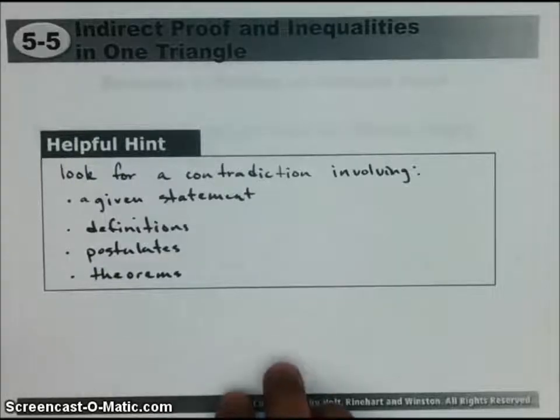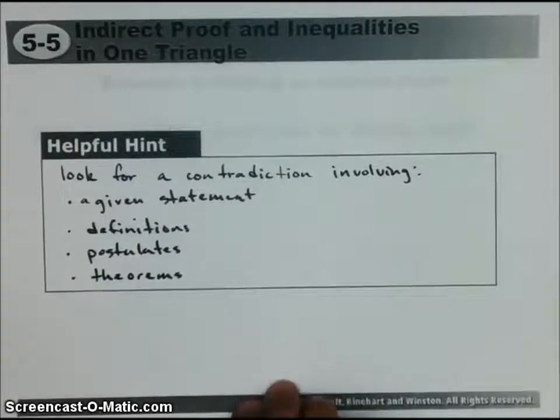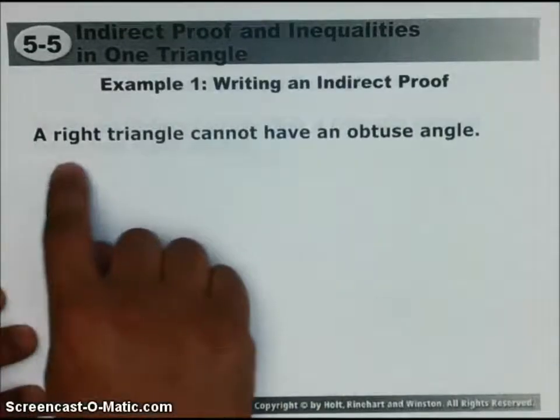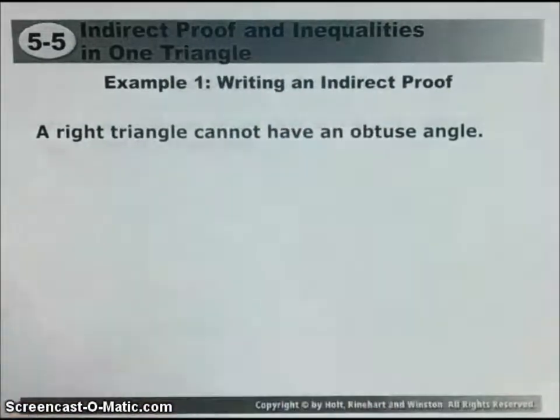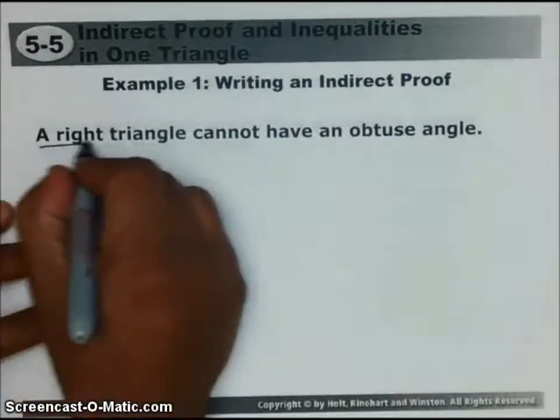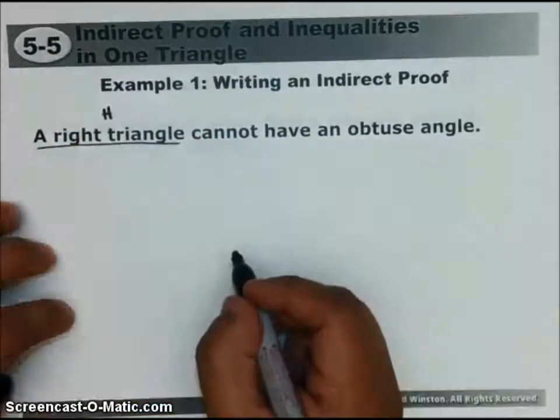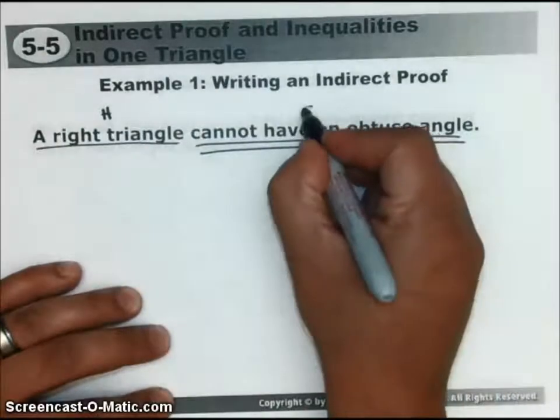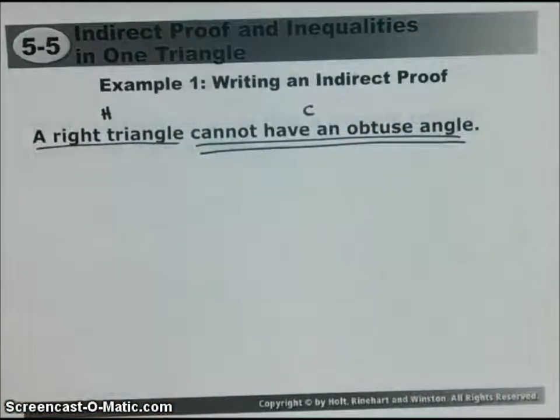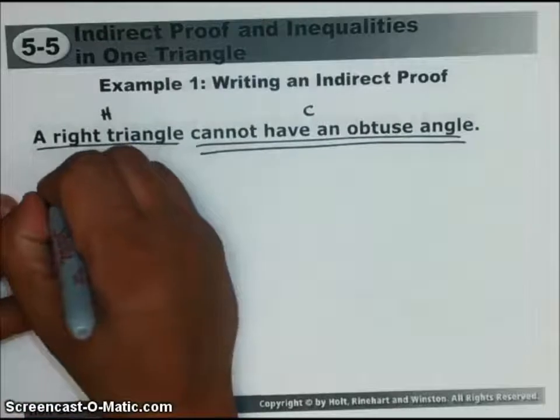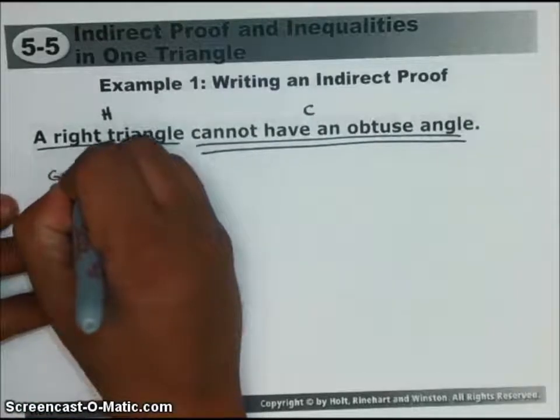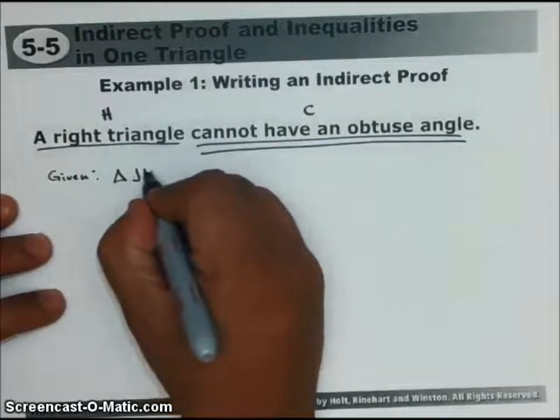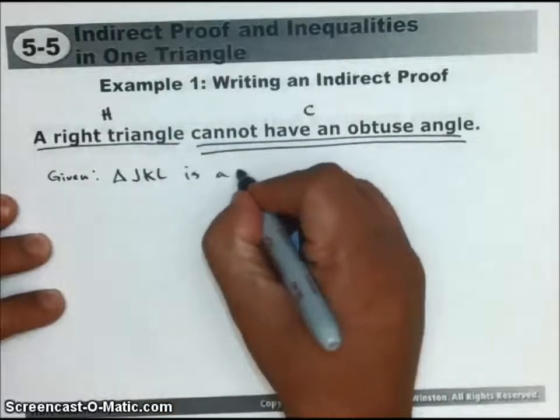All right, now we're going to do a proof by contradiction. We're going to look at this statement: a right triangle cannot have an obtuse angle. A right triangle is going to be our hypothesis, and cannot have an obtuse angle is going to be our conclusion. So we'll say given: triangle JKL is a right triangle.